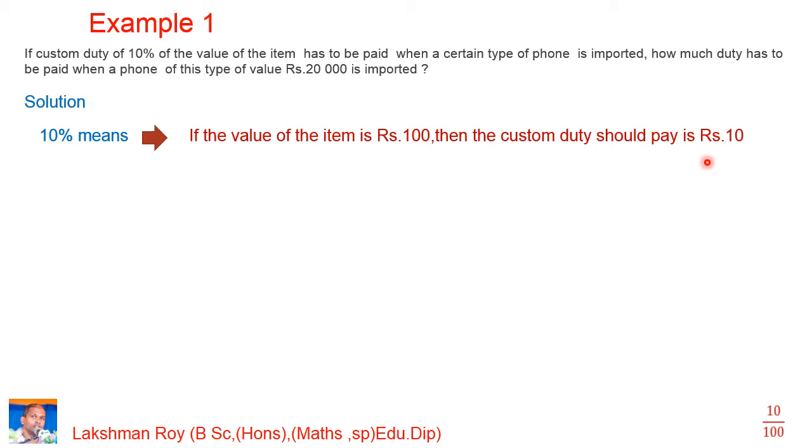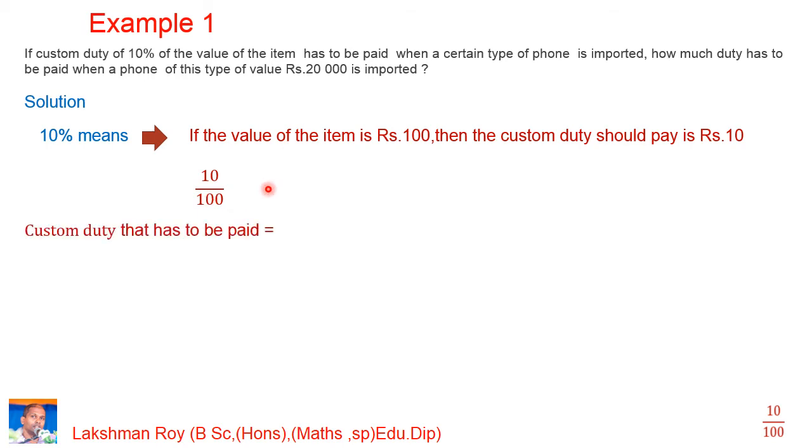For the value of 100 rupees, you have to pay 10 rupees as tax. So in questions you have to use 10% as 10 over 100. That is what we call the fractional form of the percentage, actually. That is the one you have to use in calculating questions.